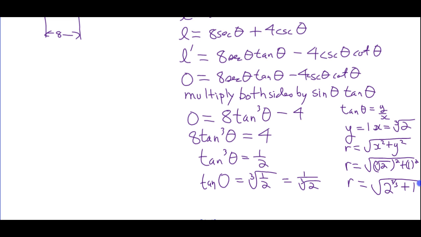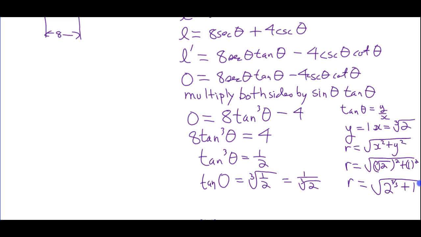Plus 1. Okay, so now we got x, cube root of 2. We've got r, the square root of 2 to the 2/3 plus 1, and we've got y. Okay, and we've got L.